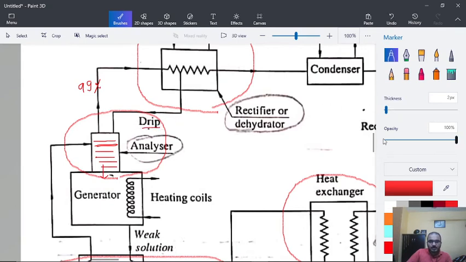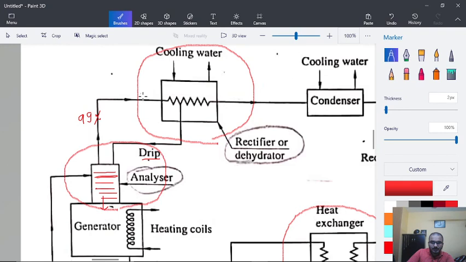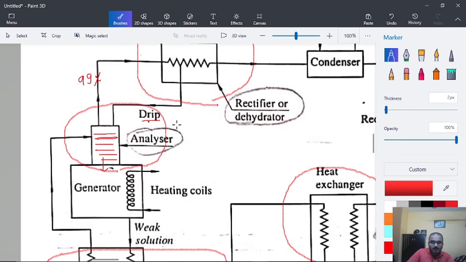So in case of the analyzer, it simply prevents the water particles from moving forward towards the condenser. It takes the majority of water particles back towards the generator. That is the task of the analyzer.